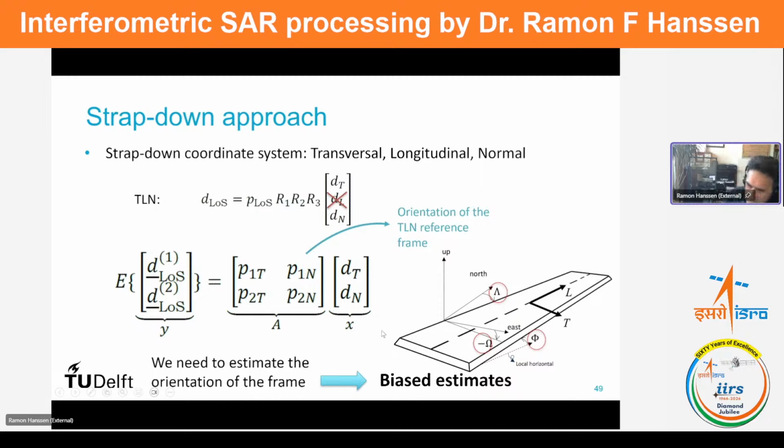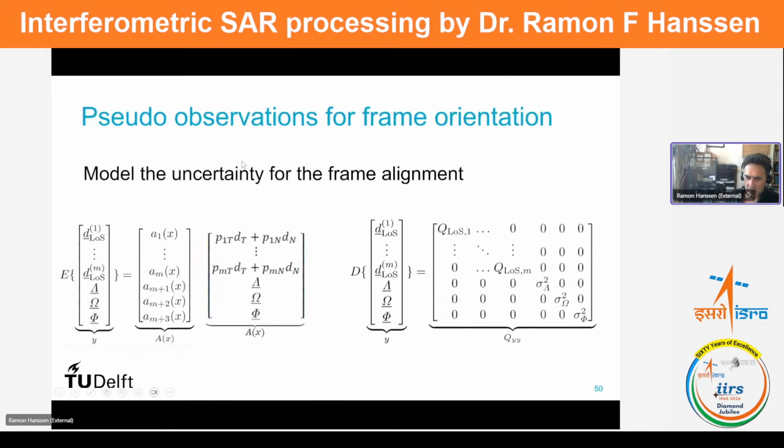Now, okay, what is the problem here? This only works if we have the orientation of this frame correctly. If we have it incorrect, or if it is tilted or whatever, then we're again introducing a bias, similar to what we did for the east-up decomposition. Now here is the set of equations for this, and just to show you a little bit how we do it, we'll not go too deep.